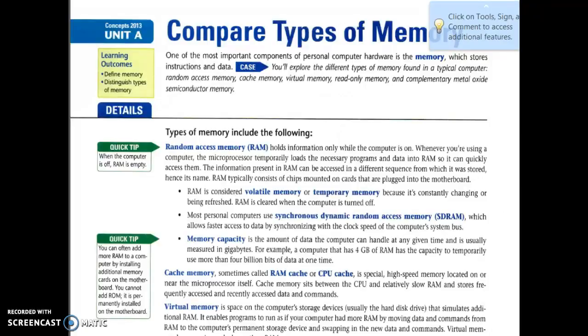Okay, so when we talk about ROM, that's what we're talking about when we talk about the permanent memory. And then, of course, we've also got the virtual type of memory, whether it be cloud-based or whether it be on a flash drive, thumb drive, whatever you want to call that. So lots of different topics included in this particular concept, concept number 8.